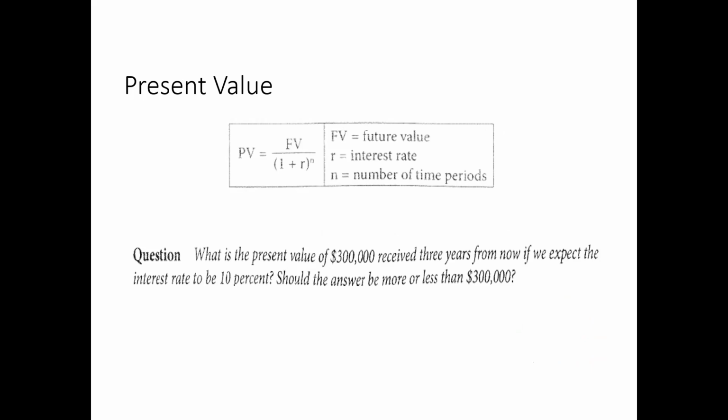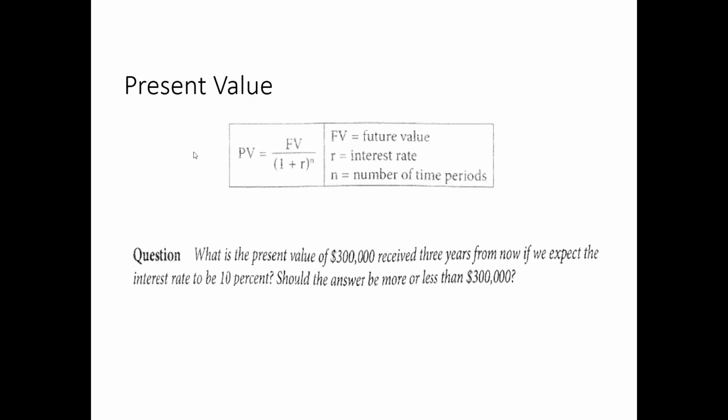What is the value of 1 plus R to the power of n? Yeah, it's 1.331. So is it more than 300,000 or less than? So less than 300,000. Yes.